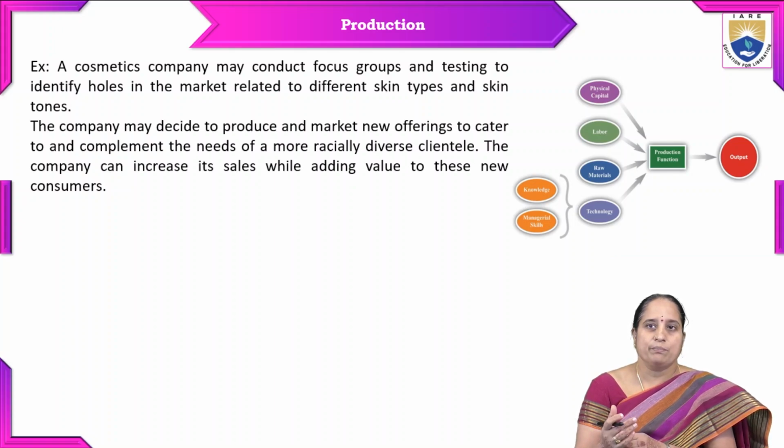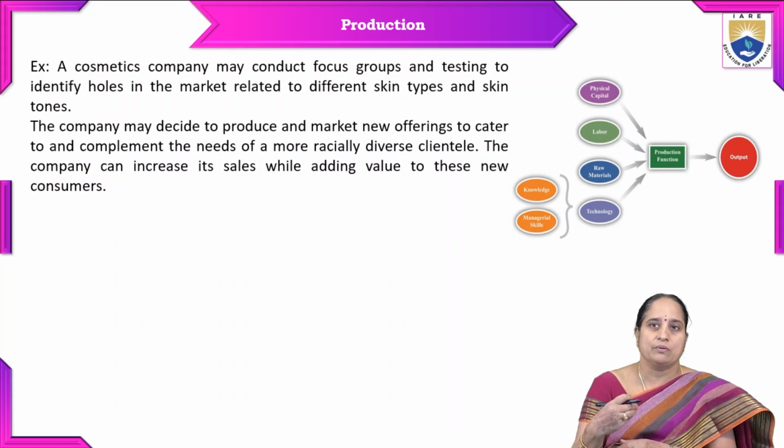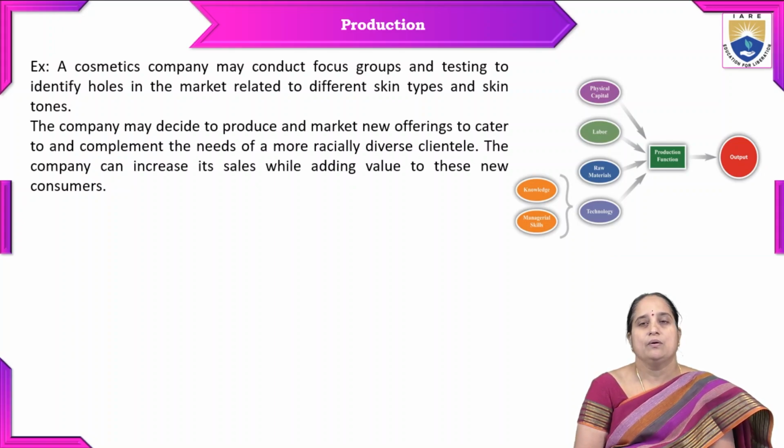Based on that, they produce the cosmetics and commercialize the products into the market. So the company may decide to produce and market new offerings to cater to and complement the needs of a more racially diverse clientele, because there will be different kinds of customers with different skin types and different skin tones.